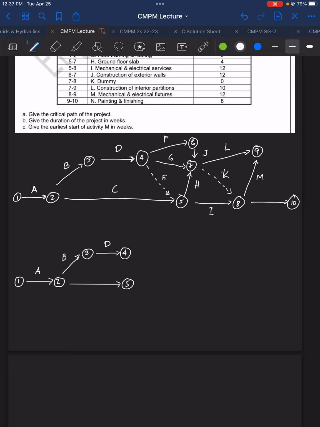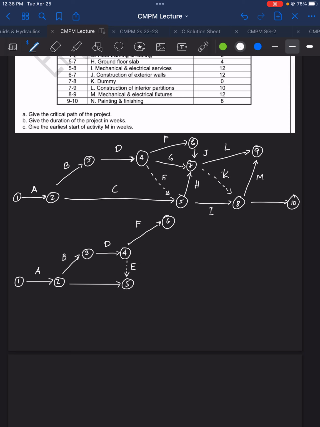And then this is now the dummy activity E. And then for F, we will have, let's just put it here. This is F, and then we have here G.